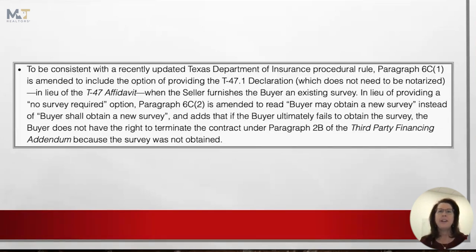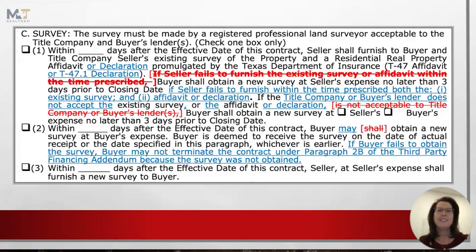And it adds that if a buyer ultimately fails to obtain the survey, the buyer does not have the right to terminate the contract under paragraph 2B of the third-party financing addendum because the survey was not obtained. So it goes back to the buyer to make sure that they are getting what they need for the transaction. We do have a copy of what that is going to look like. So here is what C looks like.